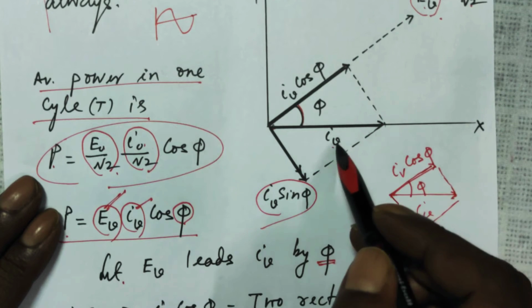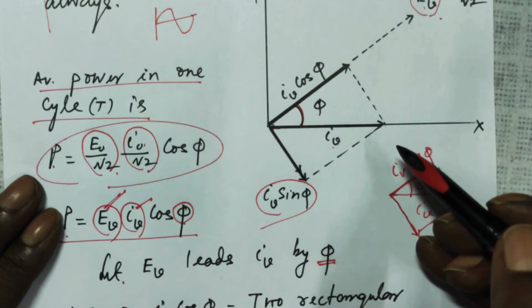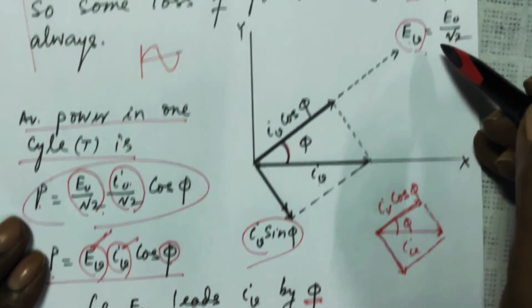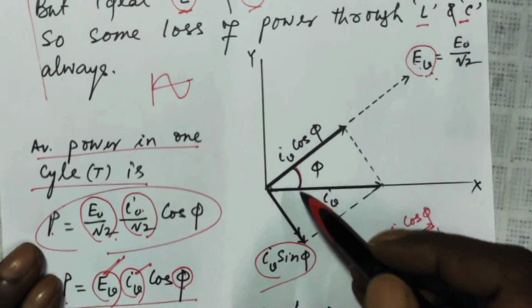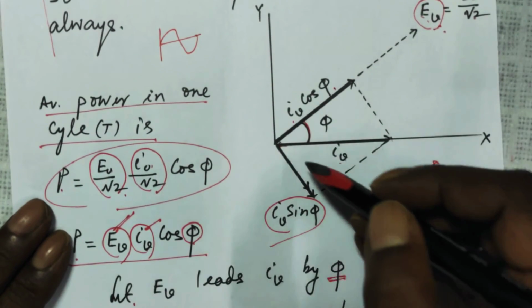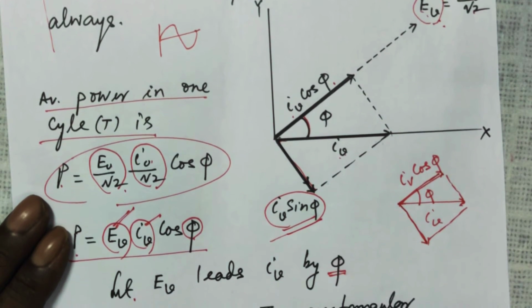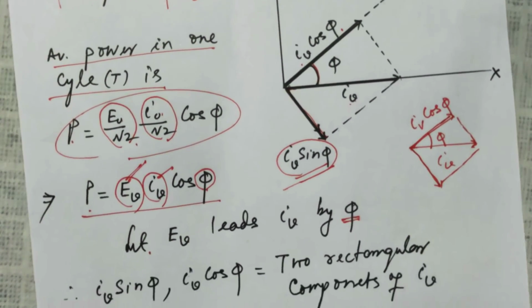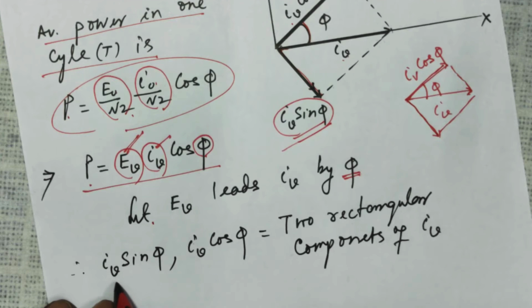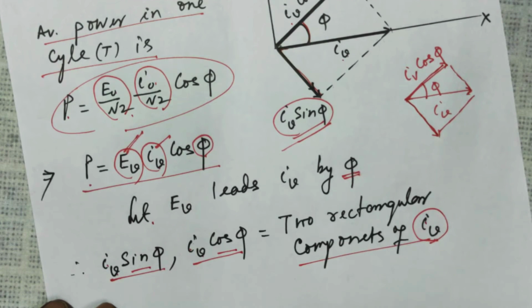I have resolved this virtual current vector into two rectangular components: IV cos phi along EV, and IV sin phi. Virtual current sin phi and virtual current cos phi are the two rectangular components of the virtual current.